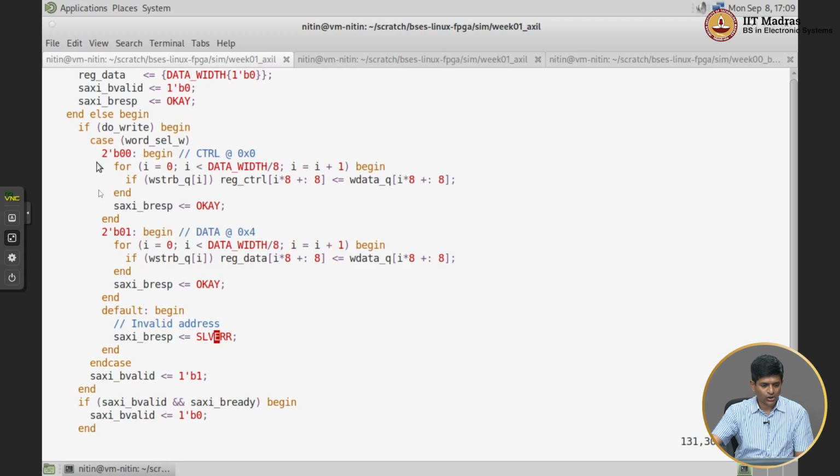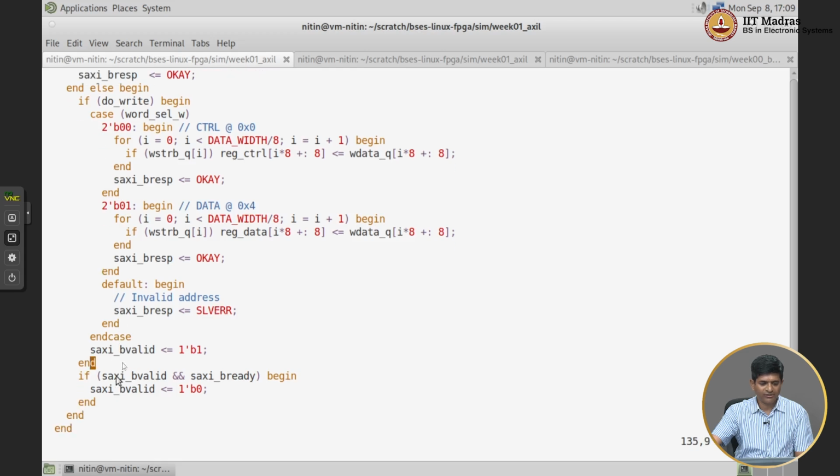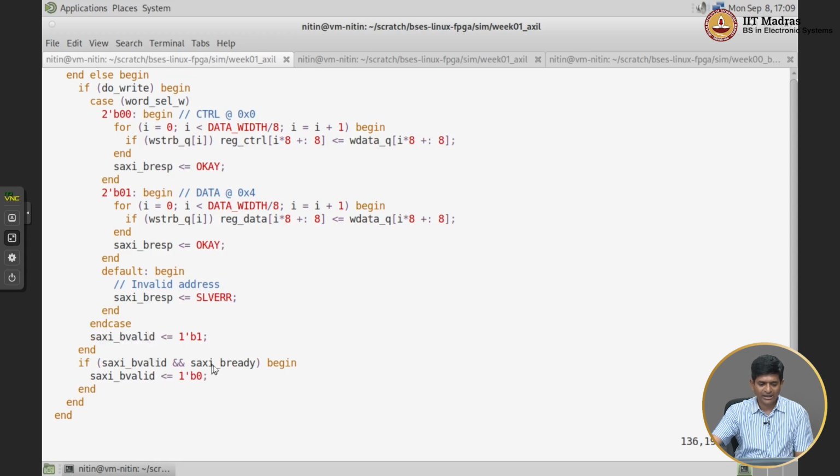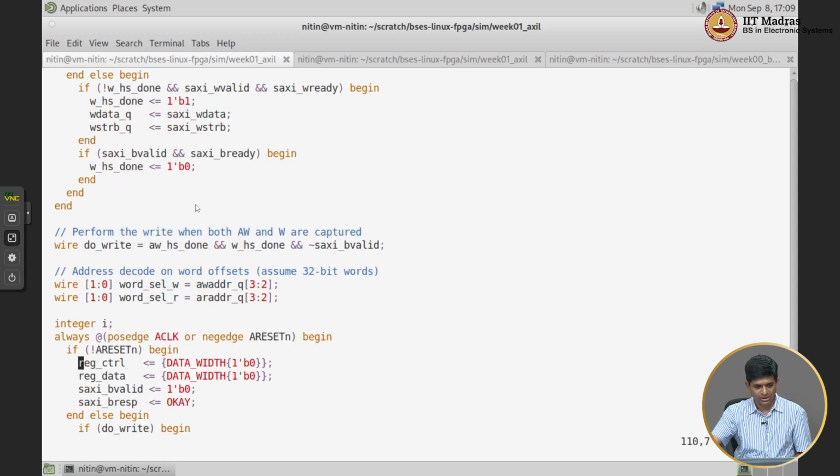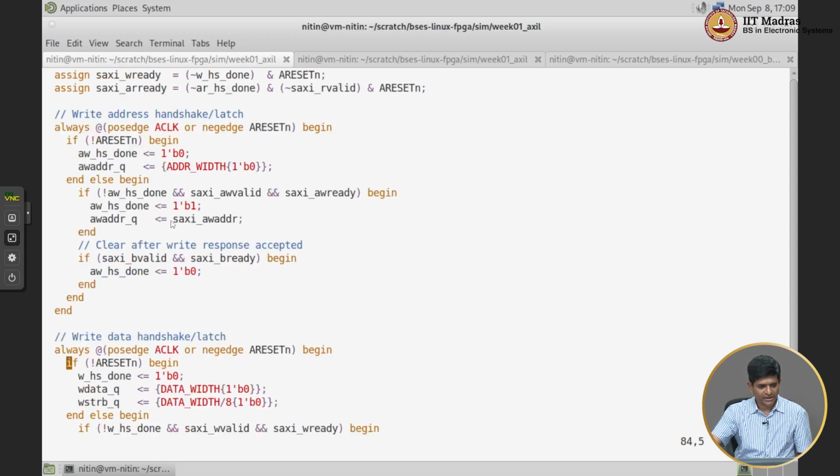And finally, after all the do write has completed, I will make the B valid equal to 1. The next thing I check is if the valid is currently 1 and the B ready also becomes high. When does B ready become high? That became high in some other part of the code.